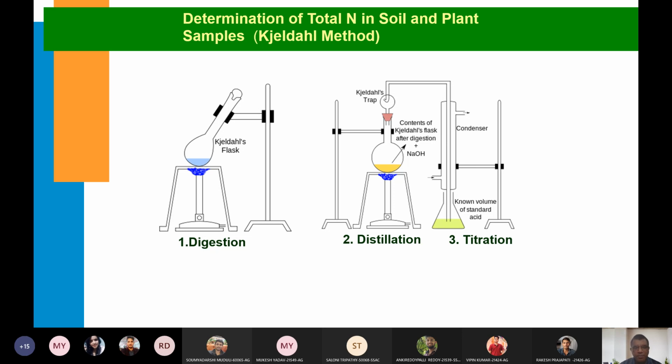So into the beaker, ammonium hydroxide will fall. It will not be ammonia because ammonia will mix with the water, and ammonium hydroxide will fall in the boric acid. So this is how distillation works. Distillation means you are just making ammonia and collecting it into the boric acid.